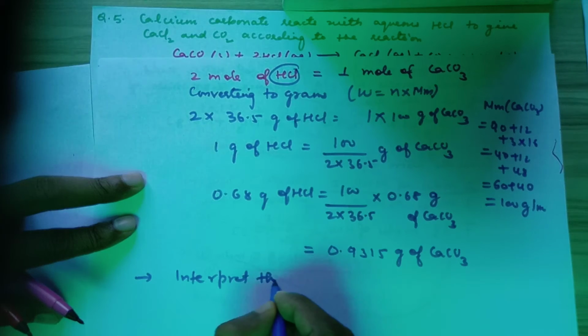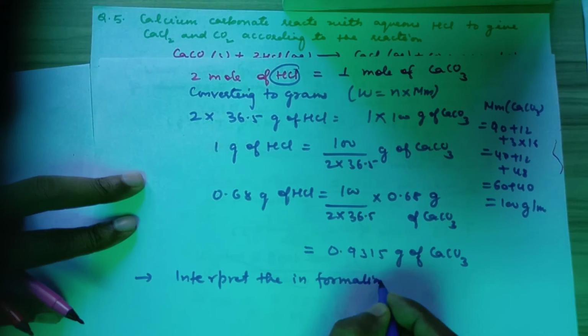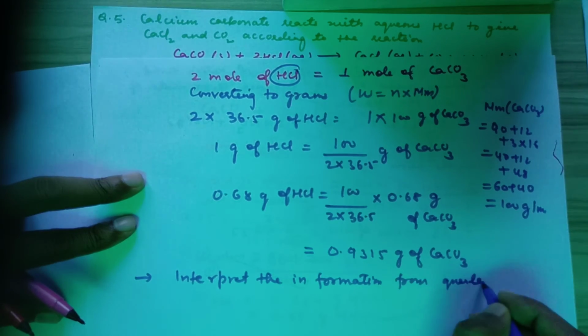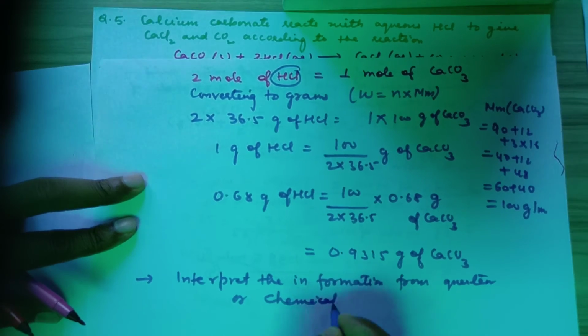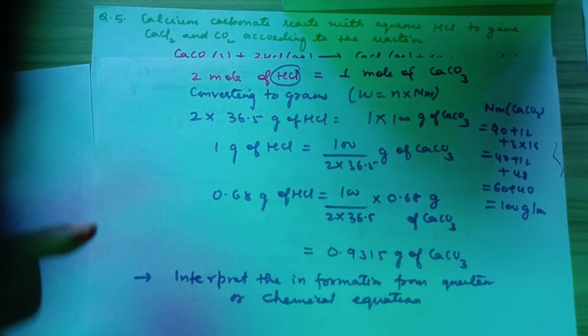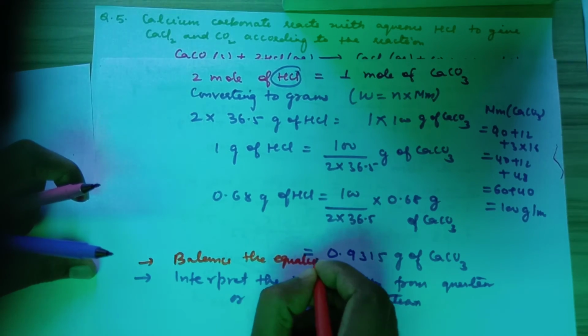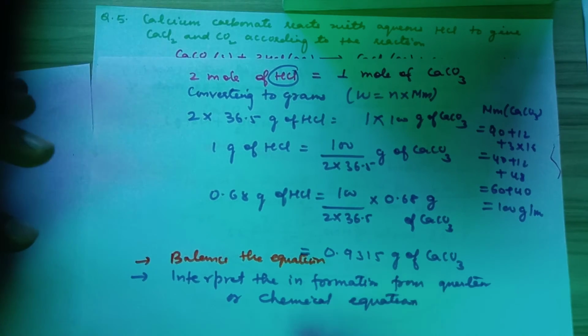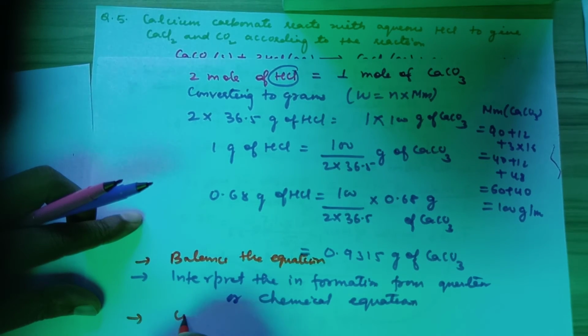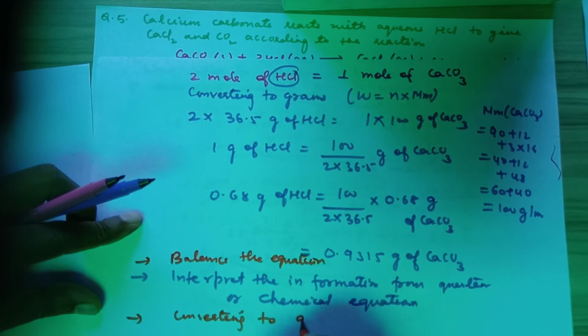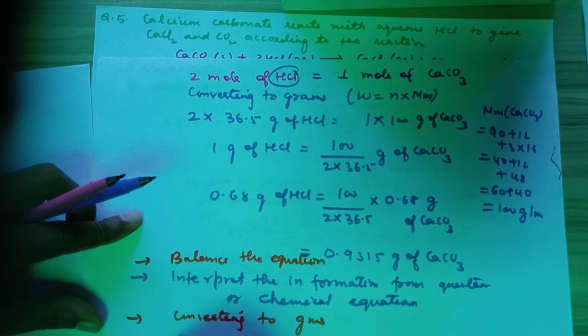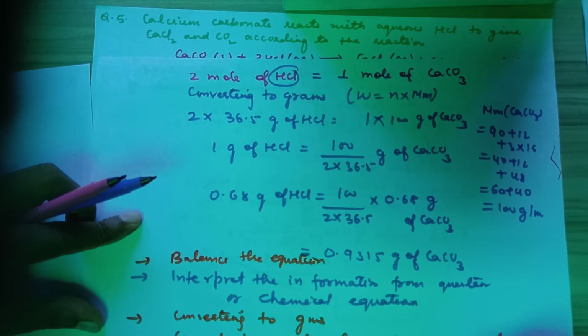First, balance the chemical equation. Second, interpret the information from the question or chemical equation, that is, these moles of a molecule react with these moles of another molecule. Third, convert to grams, or if required, convert to moles from grams and then convert into volume.